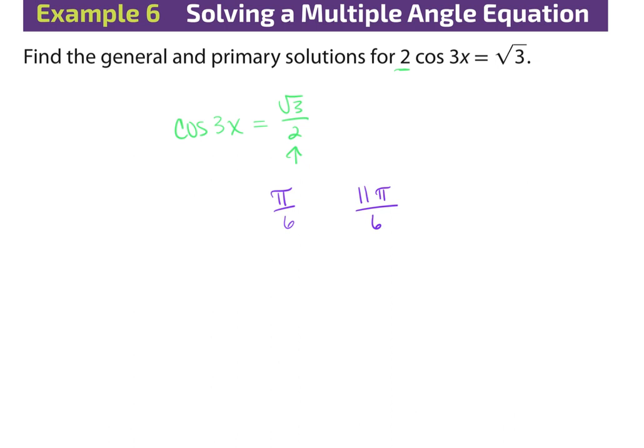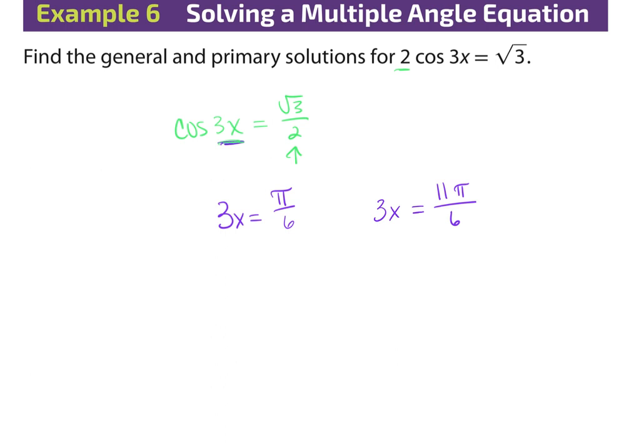But that doesn't equal x. That actually equals 3x. So I have 3x equals pi over 6, or 3x can equal 11 pi over 6. Because that's what the angle is right now. My angle inside my cosine is 3x, not x. And so I'm not quite done yet.